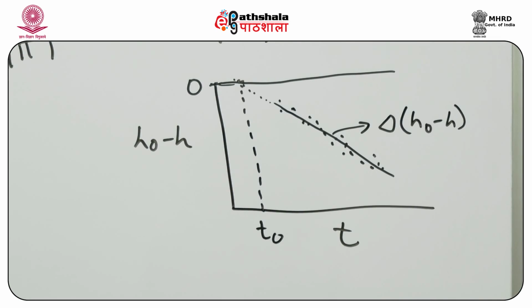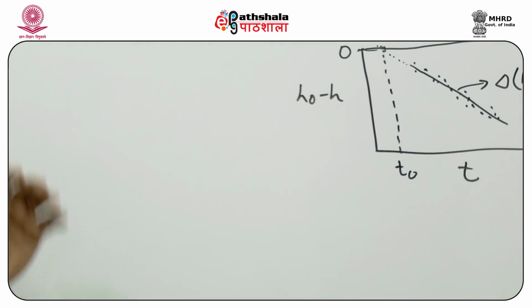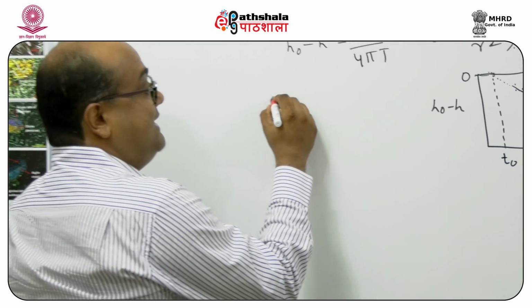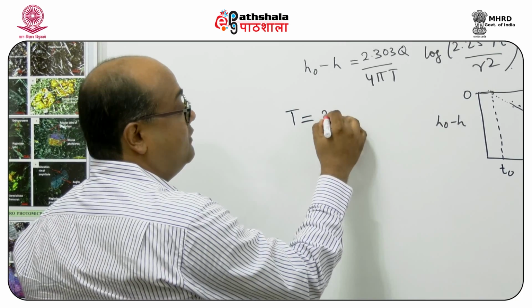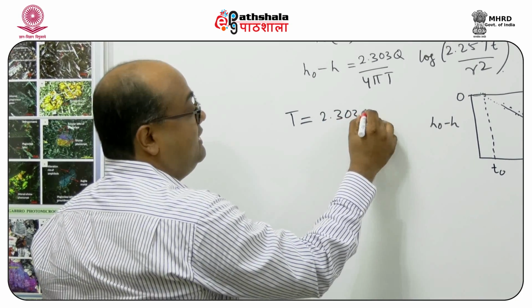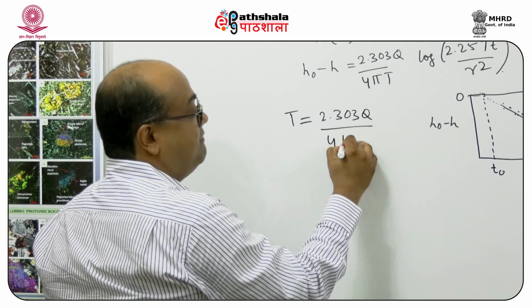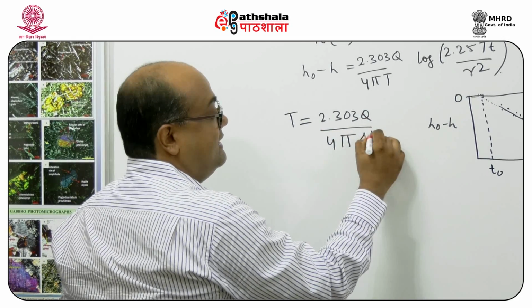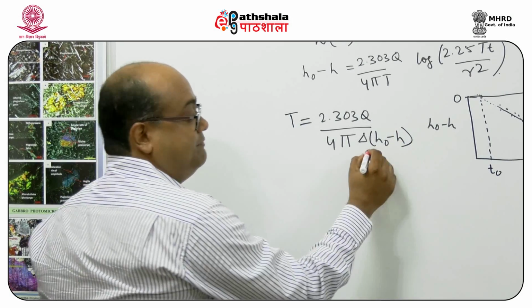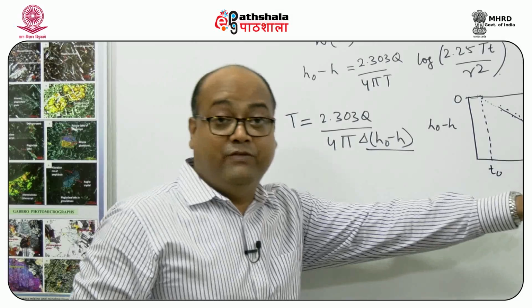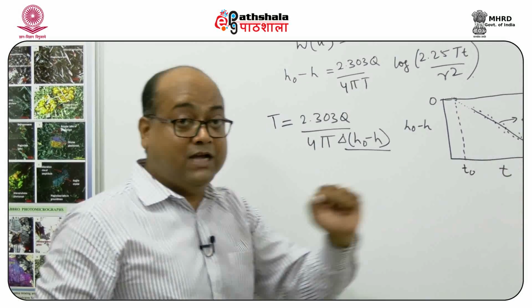Now, how do we use this in the modified equation? Here we say that the value of transmissivity is equal to 2.303 Q divided by 4 pi delta H0 minus H, which is basically the slope of the line, and we can obtain the slope from the curve.